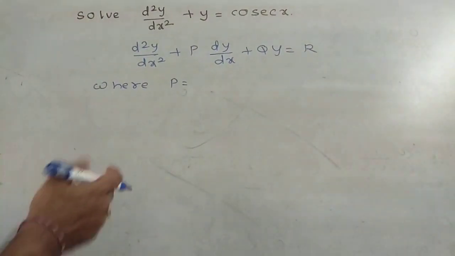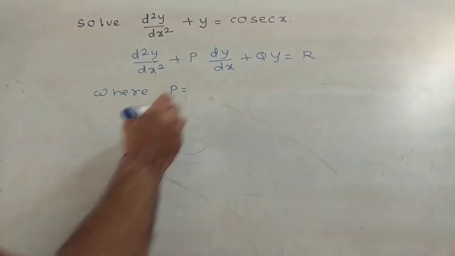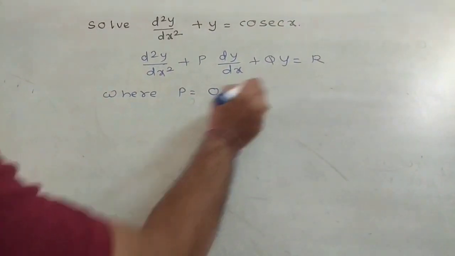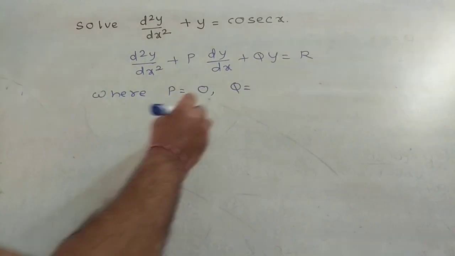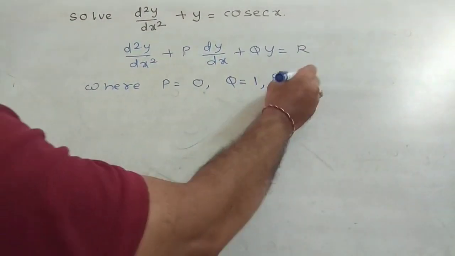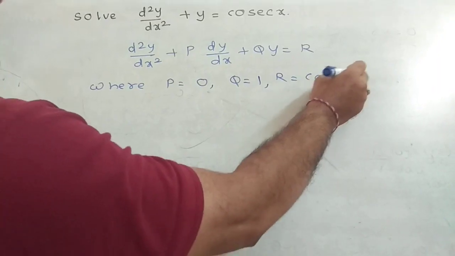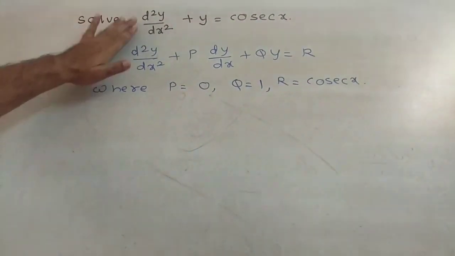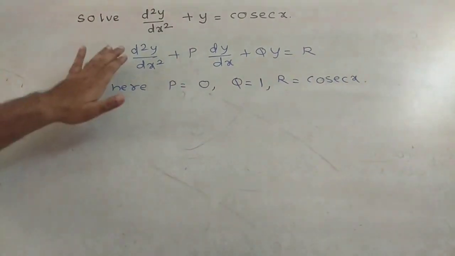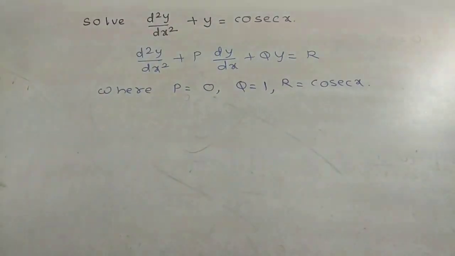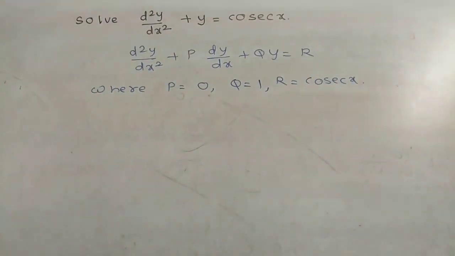There is no dy by dx term, so that value is 0. What about q? Q into y, so the y coefficient is 1. And what is capital R? The right side value, which is cosec x. So the given differential equation is exactly in the form for the method of variation of parameters, and now you can apply it.